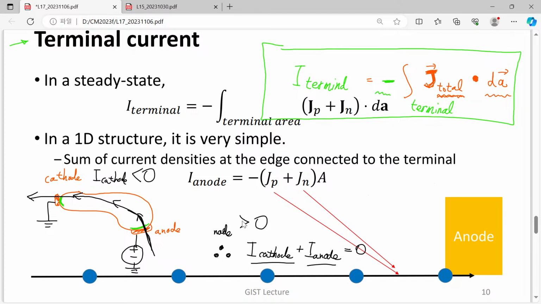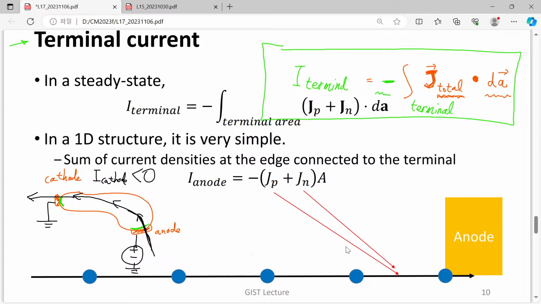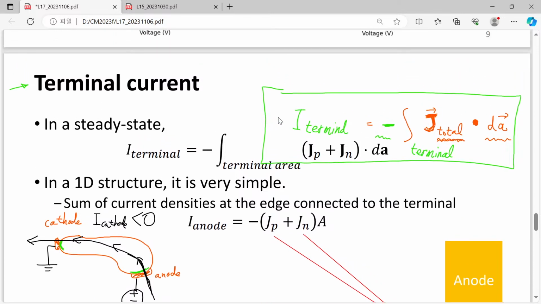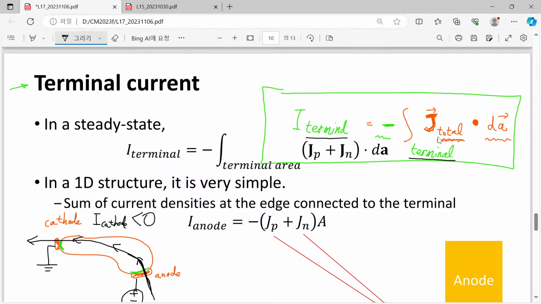So anyway, let me just come back. Up to now, we have thought about how we can calculate the terminal current at a given terminal. When we have a given terminal, then we must calculate the surface integral of our total current density.